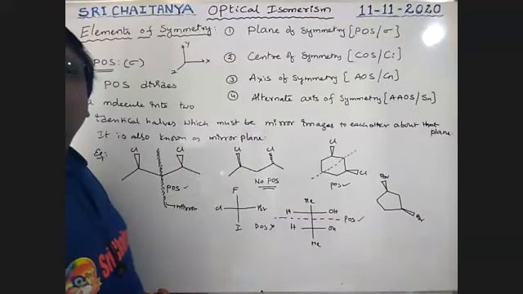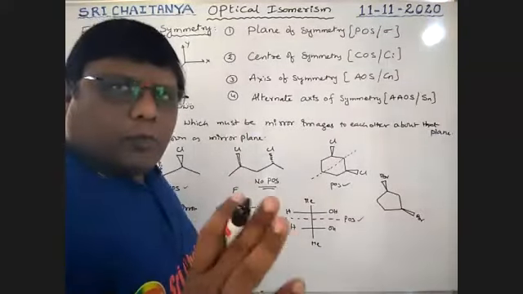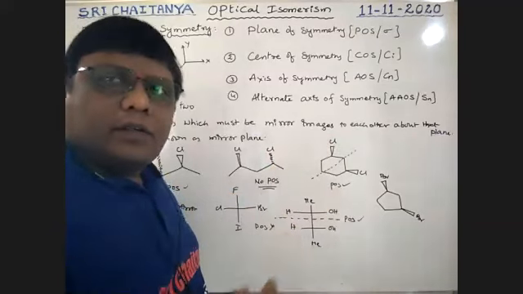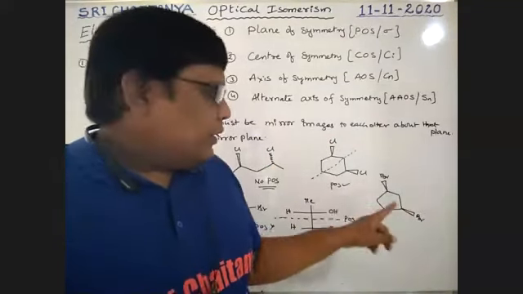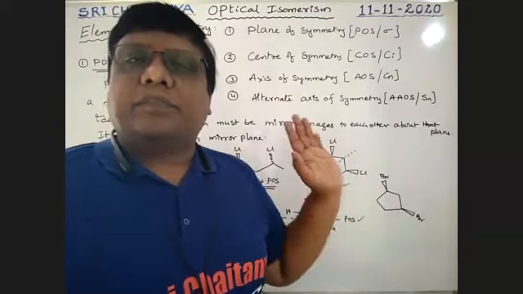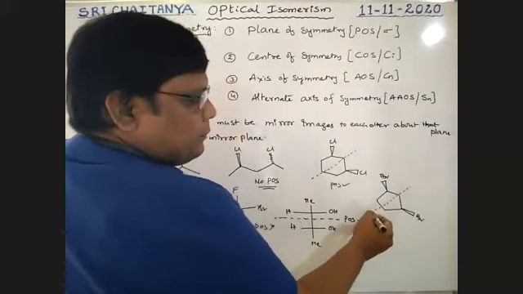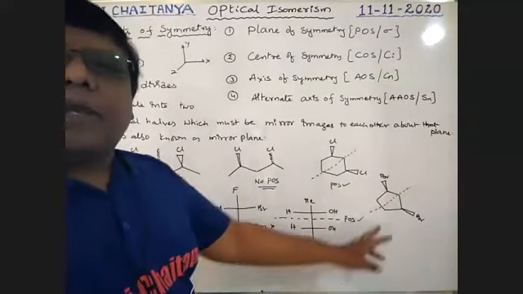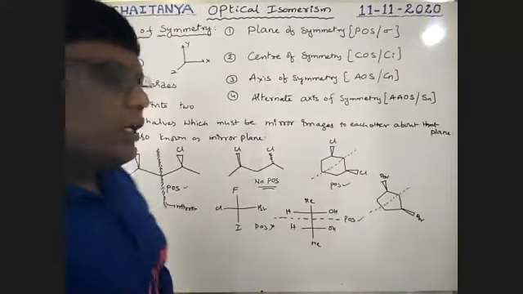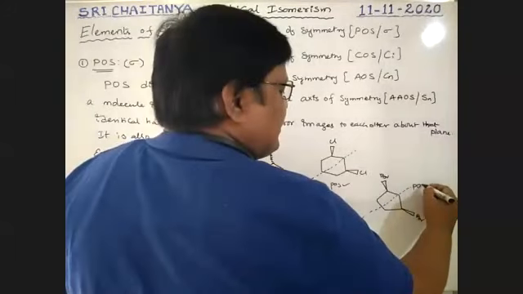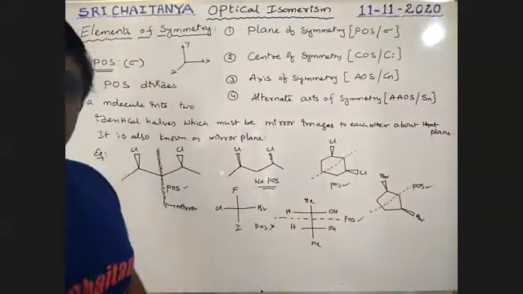No, boys, exactly mirror image. So the first half is mirror image to the second half. See here, this is the plane, boys. This is exactly mirror image to that one. Therefore, it has a plane of symmetry.